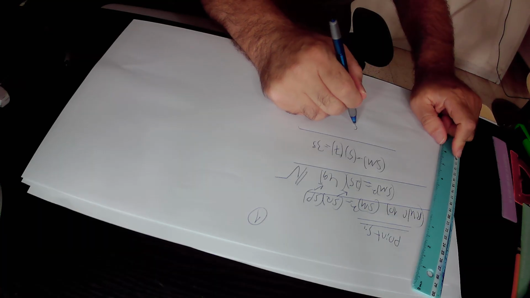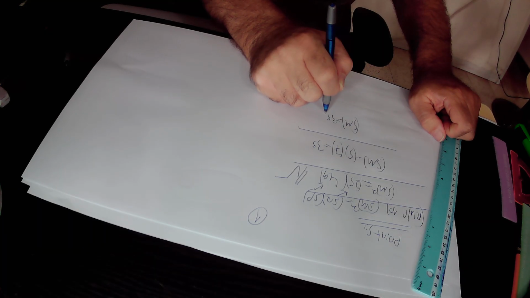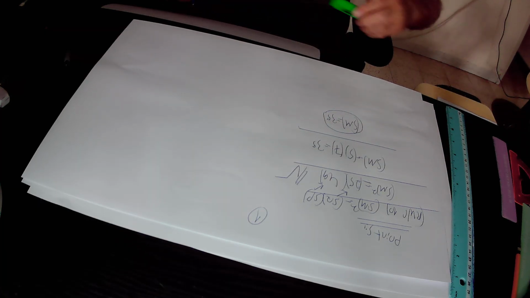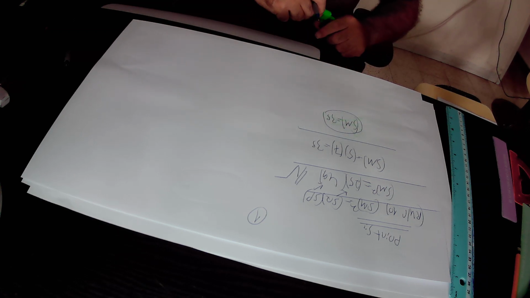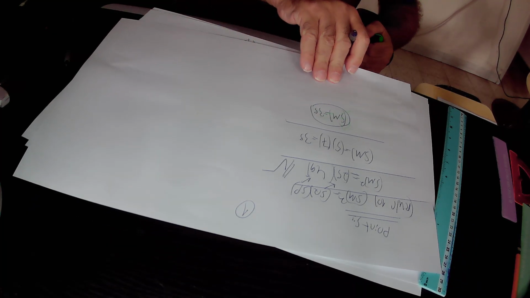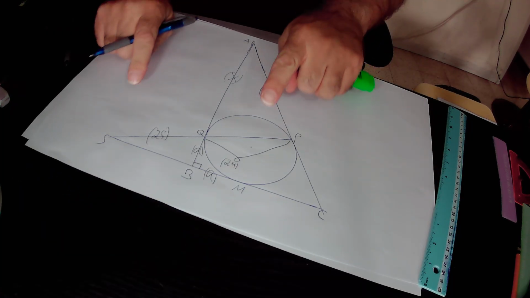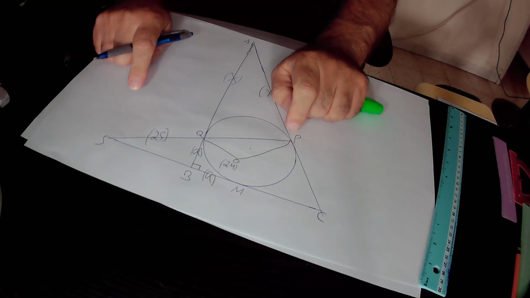So tangent SM equals to 35 units in its length.